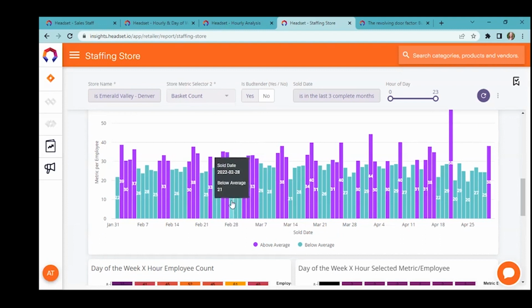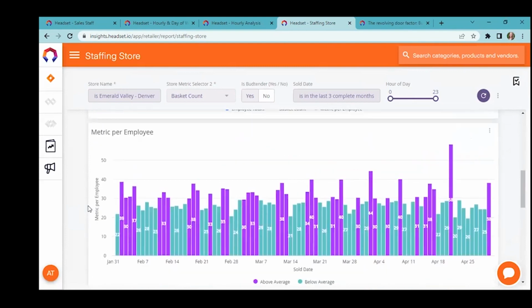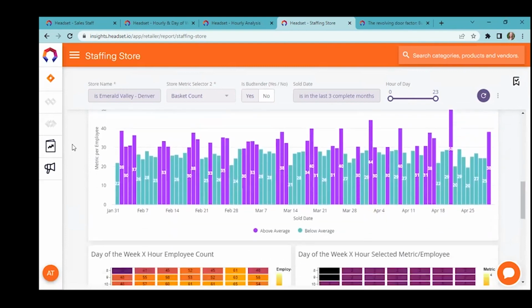So maybe employees are averaging 2 baskets per hour or 2 transactions per hour. That seems like probably that employee could handle that, or maybe a couple more. So maybe having 1 or 2 fewer employees on that day could be helpful too. And then eventually it could balance out your revenue or your gross margin or whatever goal you're trying to meet. So that is metric per employee.